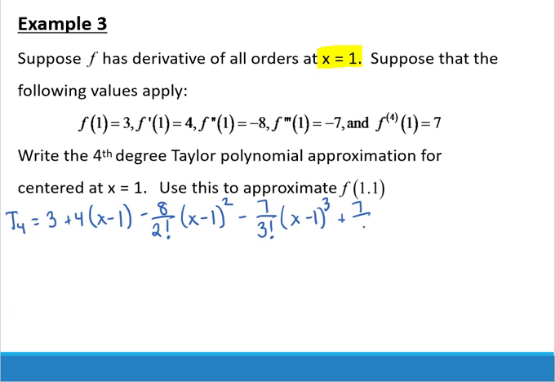I'm not going to go through that algebra. I'm just going to show you guys what I got when I plugged this in my calculator. Okay, so that's what you would have for that example.